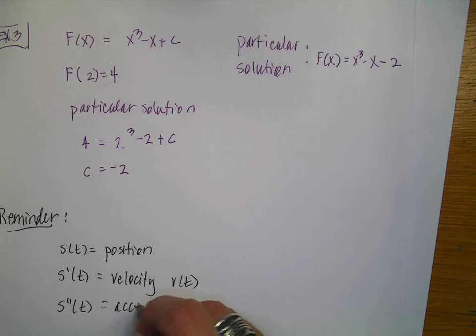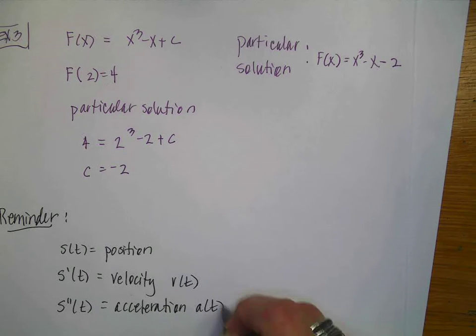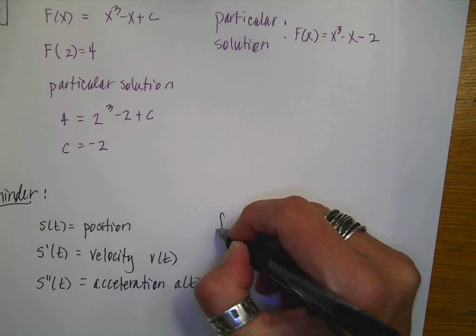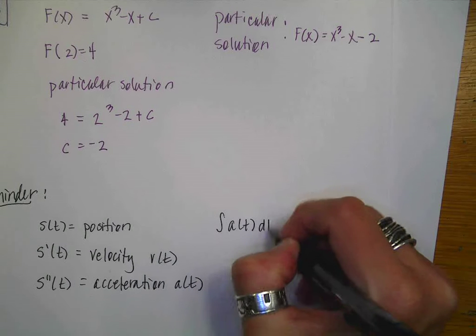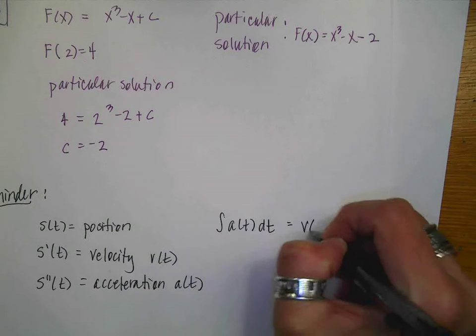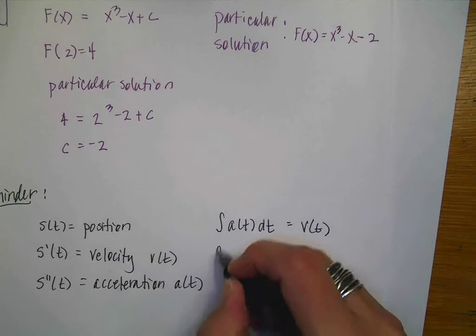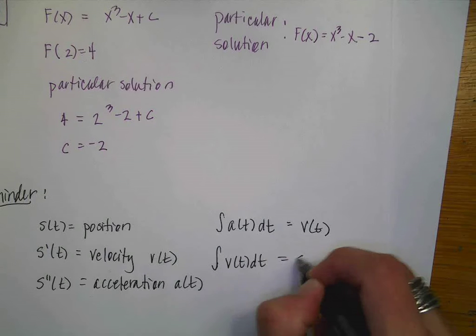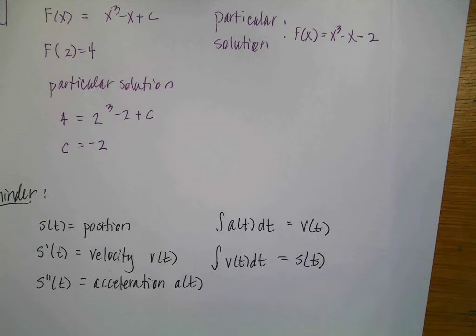The second derivative of position is going to be acceleration, which would be a of t. Well, then if I go backwards and I integrate acceleration, then I'm going to get velocity. And if I integrate velocity, then I would get position. Okay, so those are just things that we want to think about and remember.